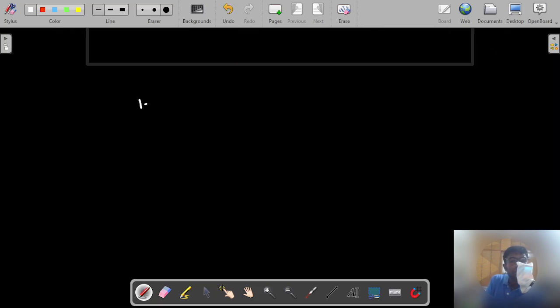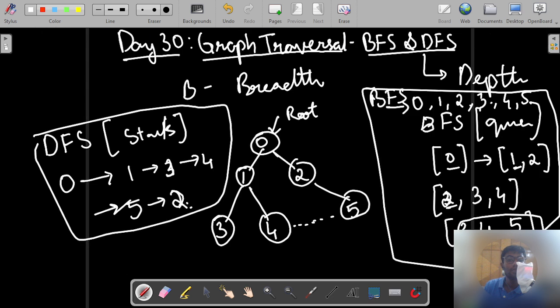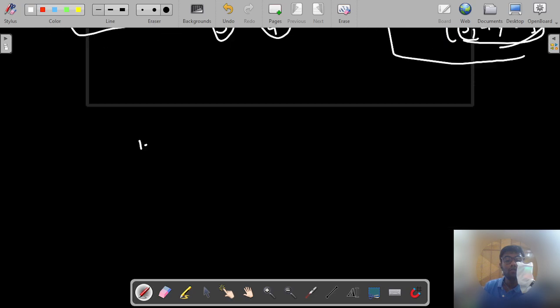Let's consider a case where we know that BFS is also called level order traversal. Let's consider we want to traverse from node 0 to 2, right? So what would be the shortest path, or which algorithm returns the shortest path?